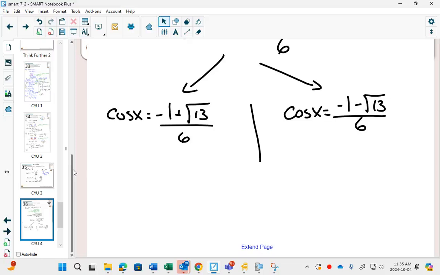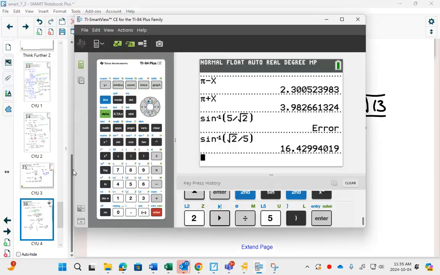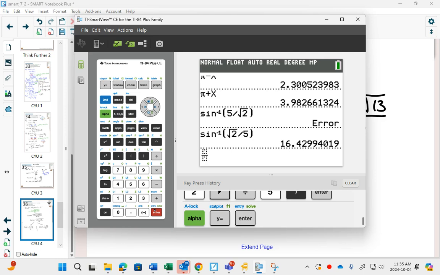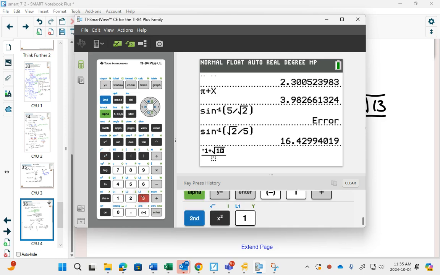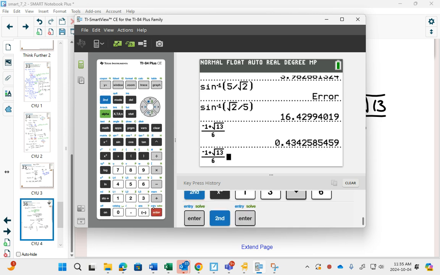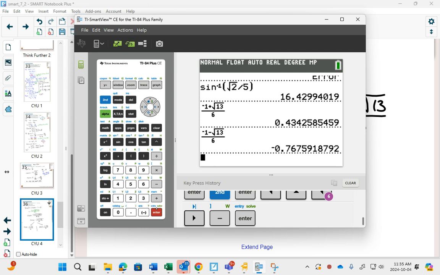And again, with the ones with the quadratic formula, I find it useful to actually type that in to begin with. So I'm going to have negative 1 plus the square root of 13 over 6. Get that decimal and do it again with the subtract sign.